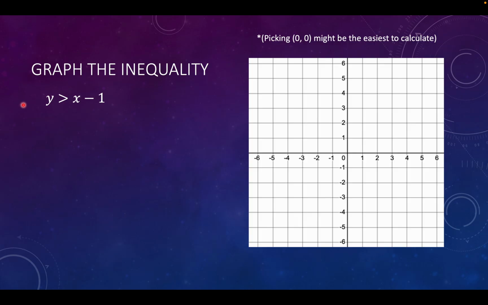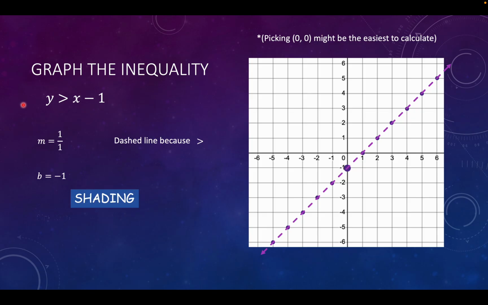Let's graph this inequality. y is greater than x minus 1, so the slope, y-intercept negative 1, so we're going to start there, up 1 over 1. This is the exact same line. The only thing that's different is we need a dashed line because there's no line underneath. We can still do the shading. Let's pick the 0, 0.